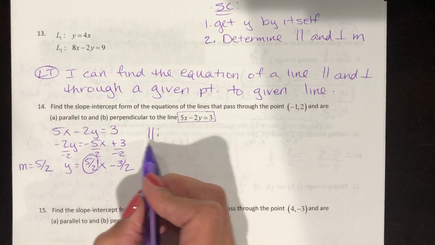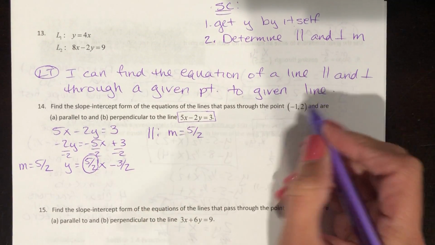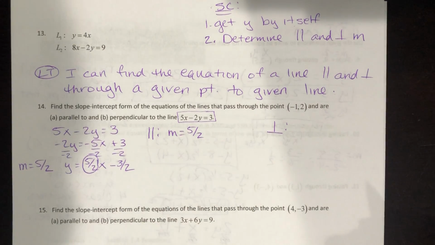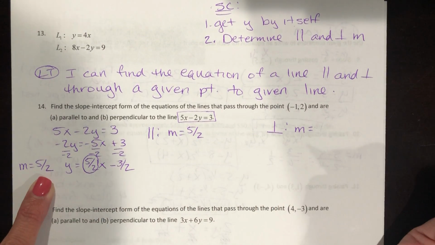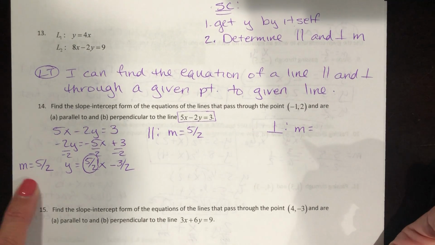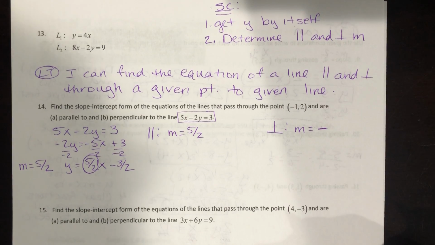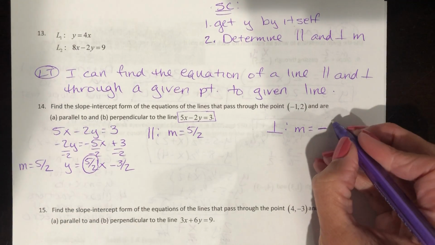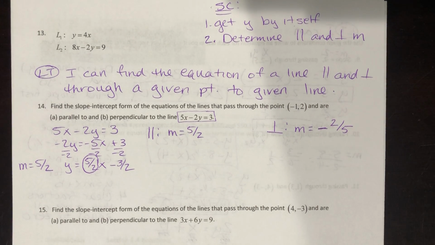The slope of my parallel is going to be the same, and the slope of my perpendicular is going to be the negative reciprocal. It's positive now, so it becomes negative, and then I'm going to flip 5/2, so now it is 2/5, and that would be the slope of the perpendicular line.